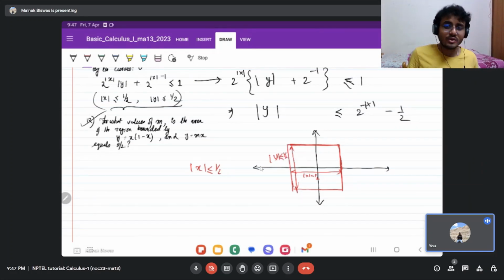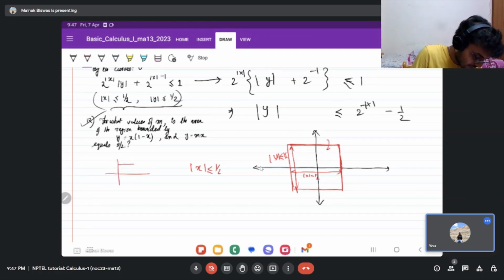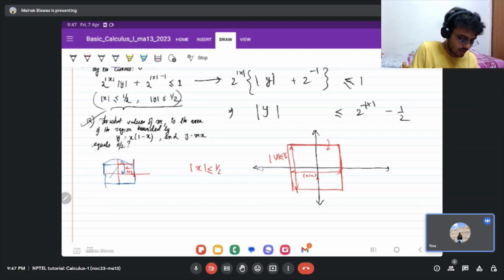It's a simple equation. So x less than half is something like this. If you do take mod, as we discussed, mod over x, you reflect about the y-axis. Mod over y, you reflect about the x-axis. This is the equation that you get.